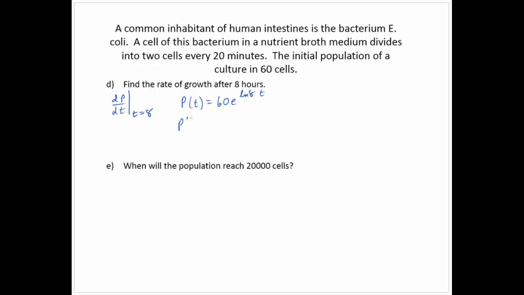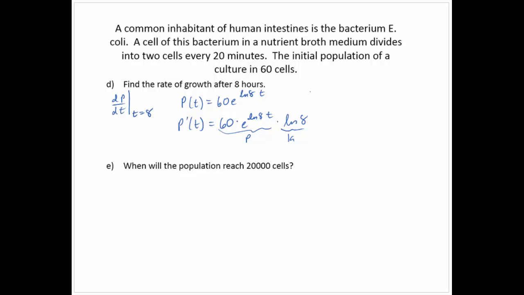So P prime of t would be 60 times e to the natural log 8t, and then times the natural log of 8 by the chain rule. So notice that that's just kP.